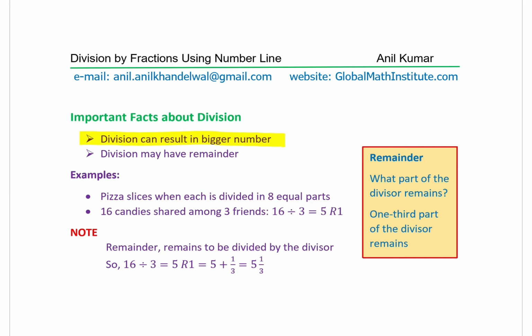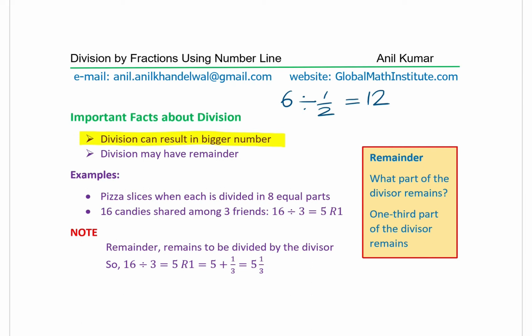For example, if I divide 6 by half, we actually get 12. So it is a higher number. Do you see? So division by fraction, the result is a higher number. So that is very important to understand at this stage, that you can actually get an answer which is much bigger than the number itself.